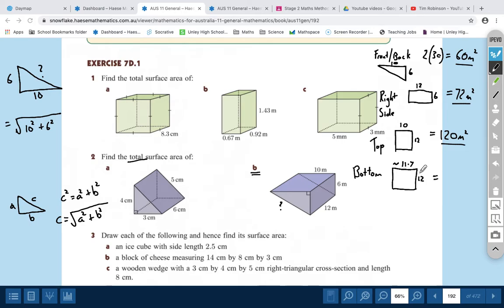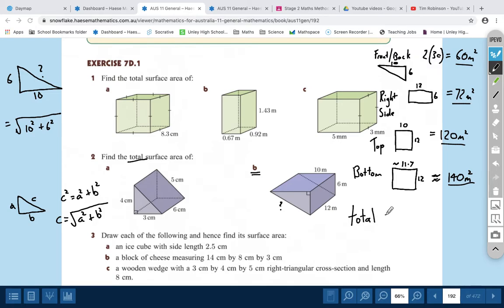It's 11.7 times 12. It's approximately 139.9. How about we just round it up? Let's round it all the way up to 140. So it's approximately equal to 140 meters squared, right?